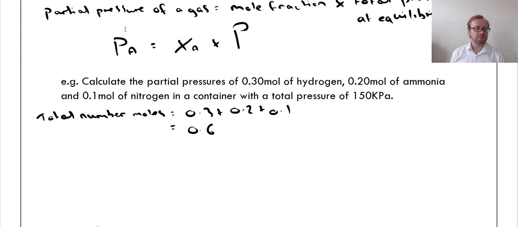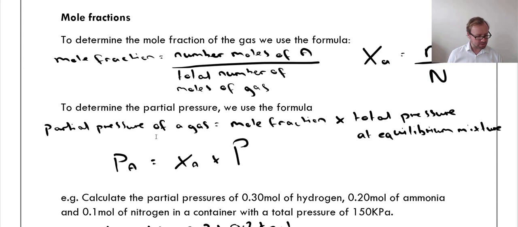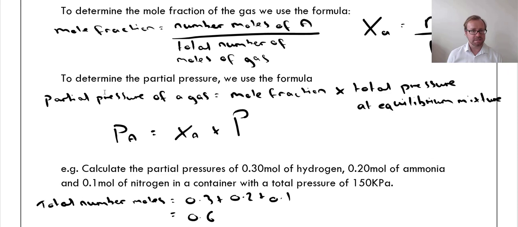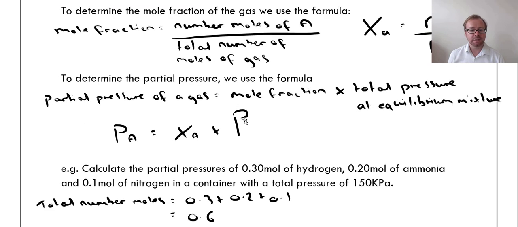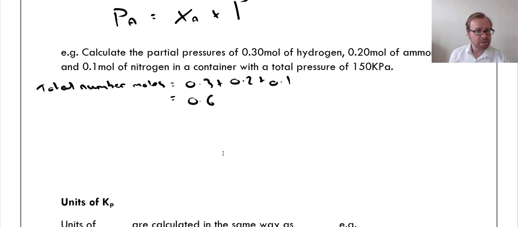And now I can work out the mole fractions and the partial pressures of each gas. My mole fraction is my number of moles of A divided by my total number of moles of gas, and I can put it into one formula and just times it by my overall pressure. So my partial pressure for hydrogen would be 0.3 divided by 0.6, my number of moles of hydrogen over my total number of moles, times P, 150, my total pressure.